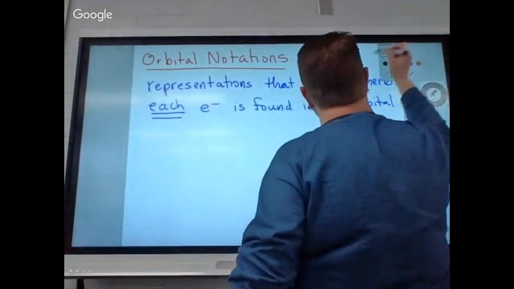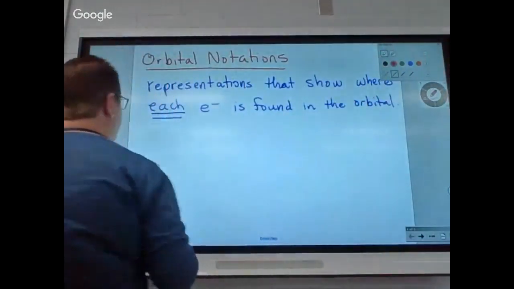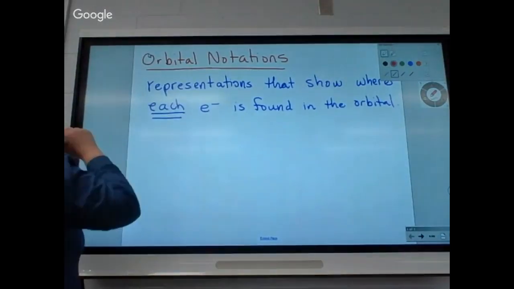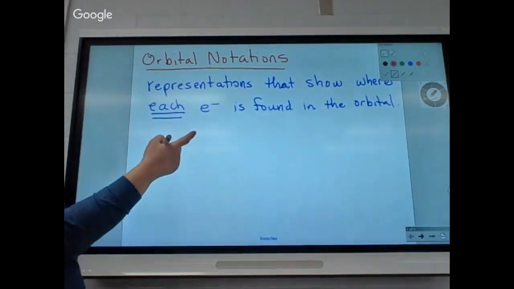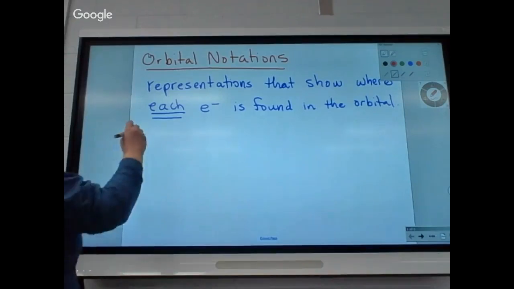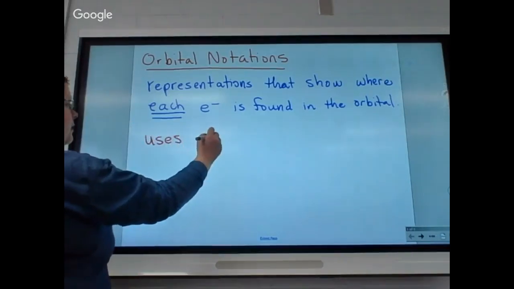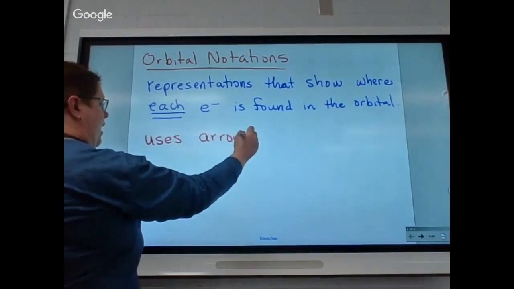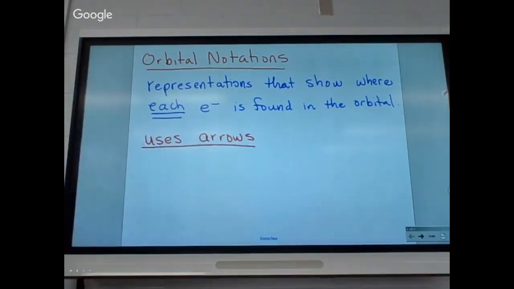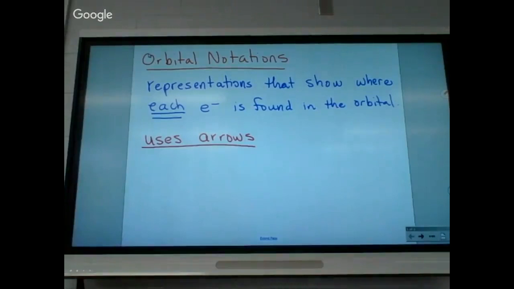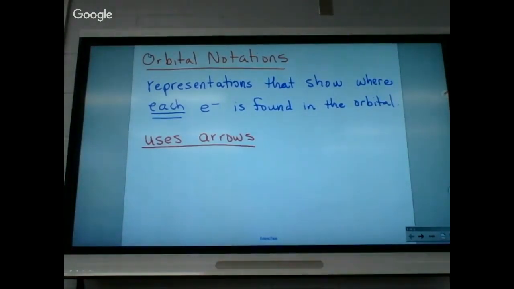Now, in order to do this, though, all right, first of all, I'm going to make a couple notes here so you know what this is. All right? This is the one that uses the arrows. Because on a quiz, y'all are going to ask me, Miss Wall, is this the one that uses the arrows?